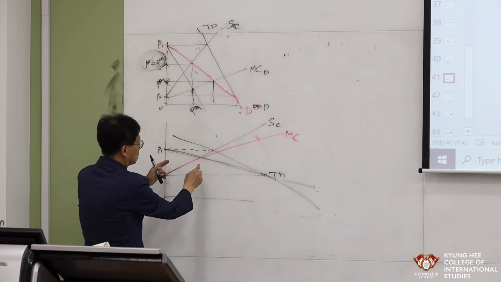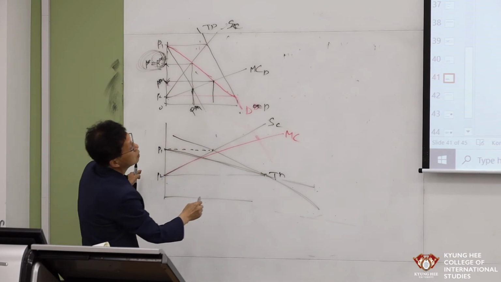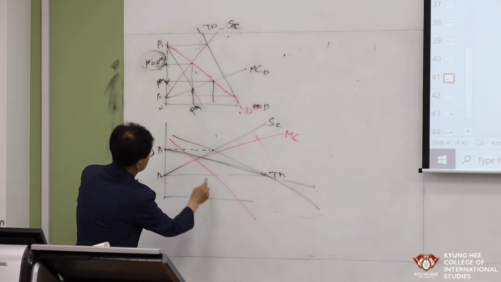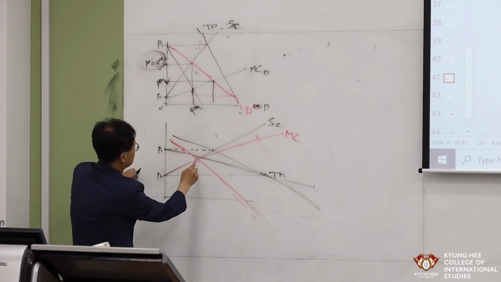Marginal cost is equal to marginal revenue. Marginal revenue is like this. Marginal revenue is equal to marginal cost at this point.